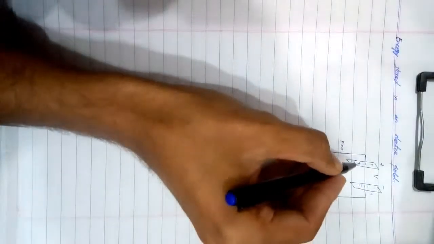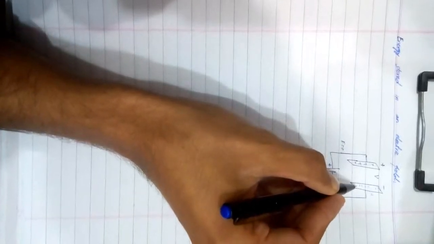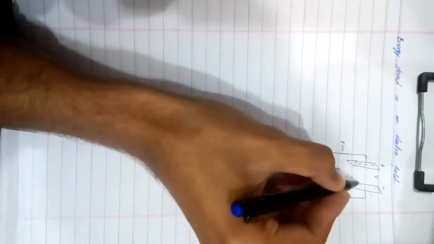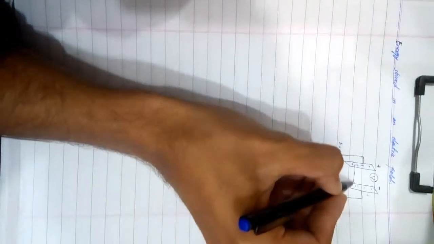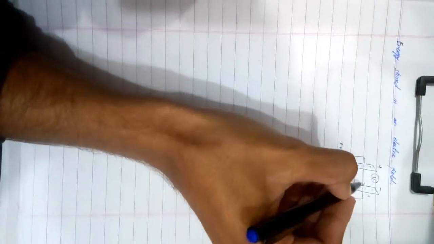Now this is the high potential and this is the low potential, so a potential difference V is introduced. And we also know that if we have a positive charge and a negative charge, electric field lines are also introduced, directed from positive to negative.